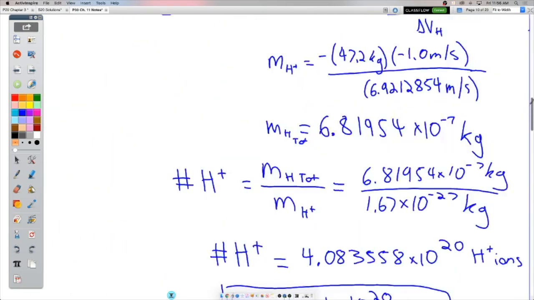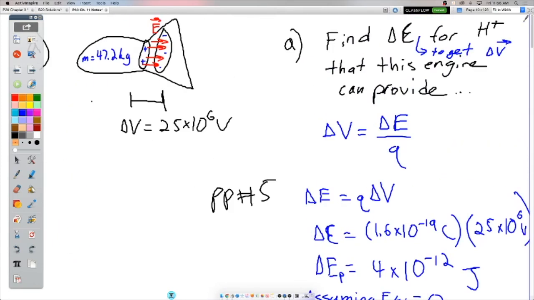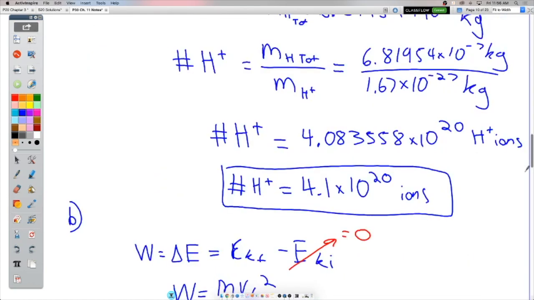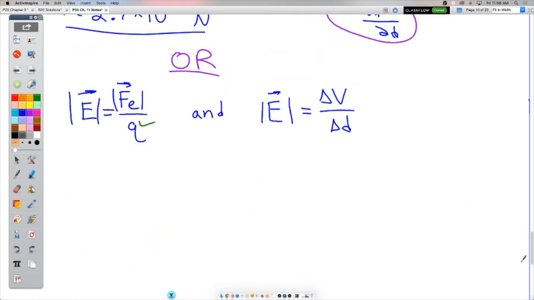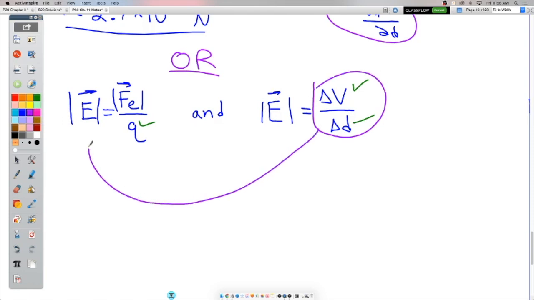If this is separated by 15 centimeters, we can find the strength of that electric field. Do we know this? Yeah, they told us 25 million volts. Do we know this? Yep, 15 centimeters. So let's take that expression for the electric field and plug it in over here.